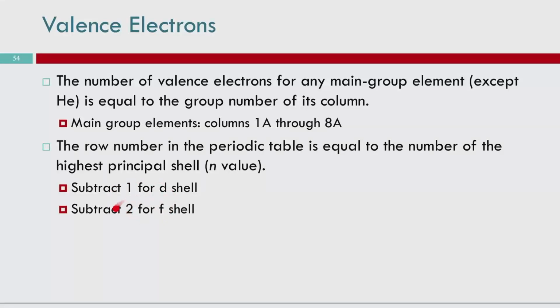For our F shell, if we were doing that, we would subtract 2. So the example that we saw earlier is that 3D shows up in row 4. For example. So you have to remember that our first row of our D block is 3D, not 4D.